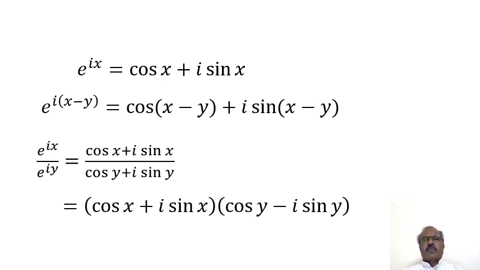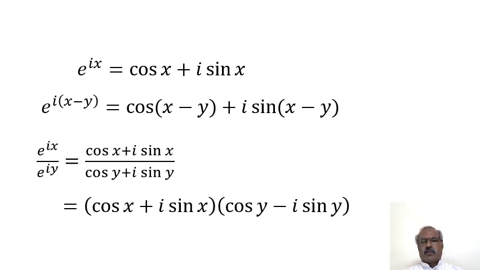This is because cos y plus i times sin y multiplied by cos y minus i sin y will be equal to cos square y minus i square sin square y, because (a plus b) times (a minus b) is a square minus b square. i square is minus 1. So we get the denominator as cos square y plus sin square y, which is 1.